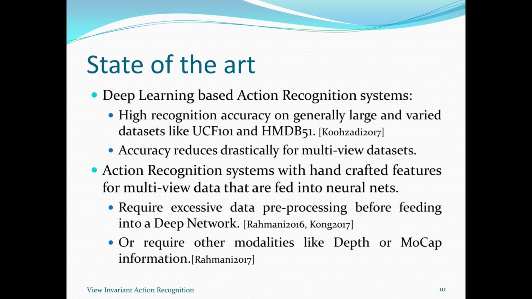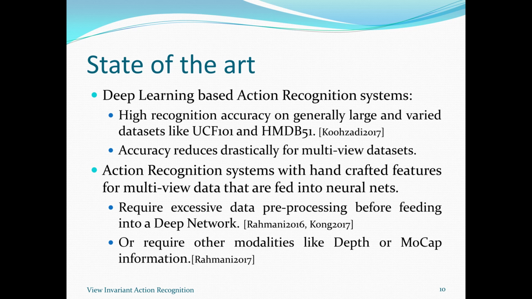The other kind of action recognition systems that involve neural nets were the other way around. They used handcrafted features that were built specifically for their property of robustness to different viewpoints. And then these were fed into a deep network.